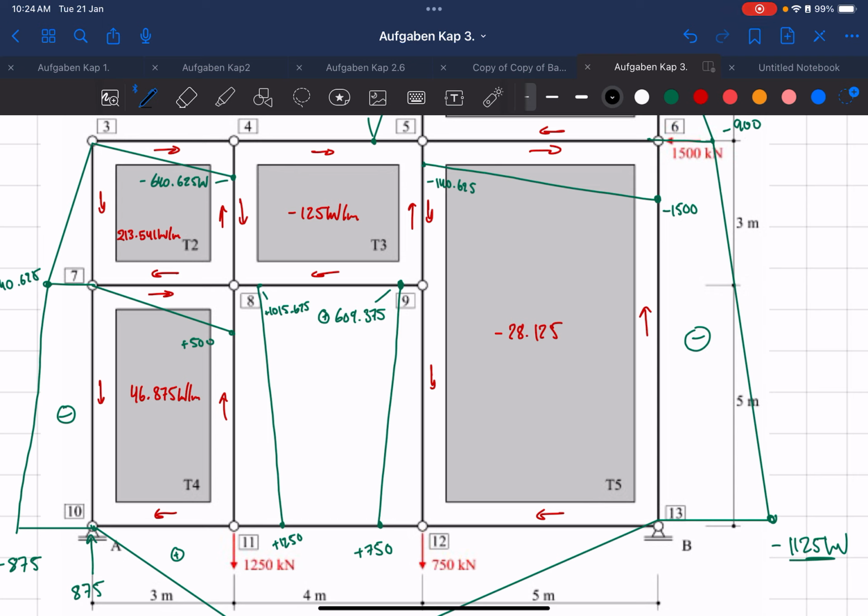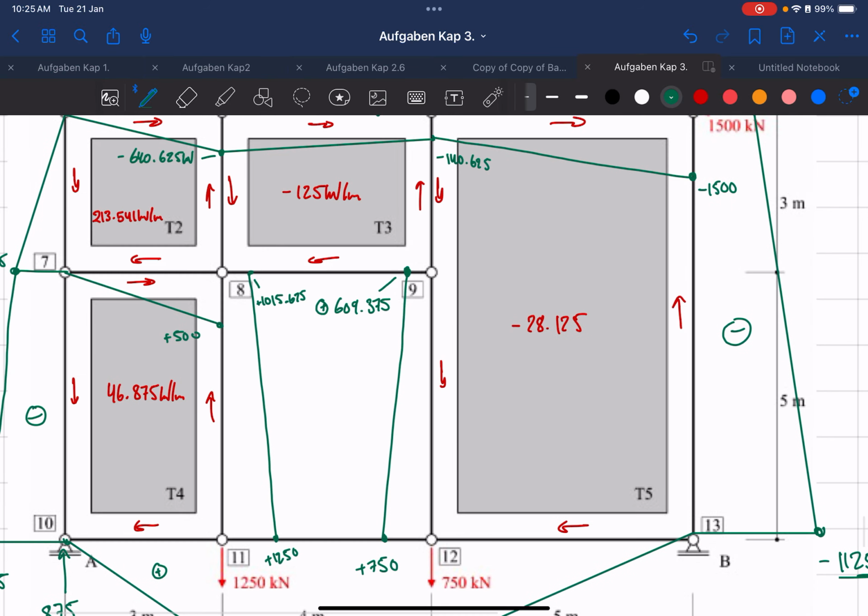So minus 640.65 plus 140.65 equals 500. And minus 125 times 4 equals 500. So these connect. It's correct. And then that means this here is going to be 0.